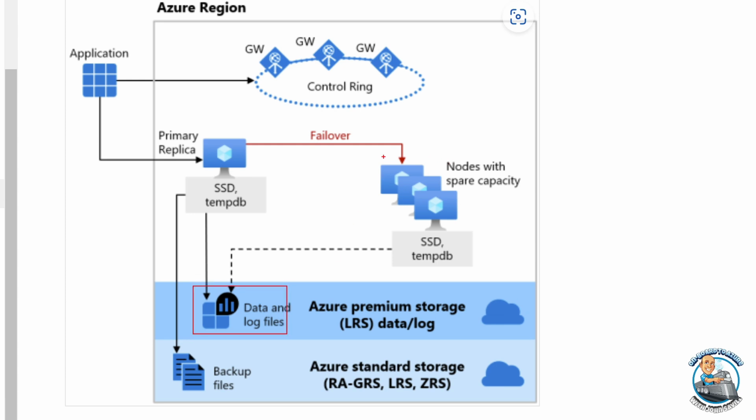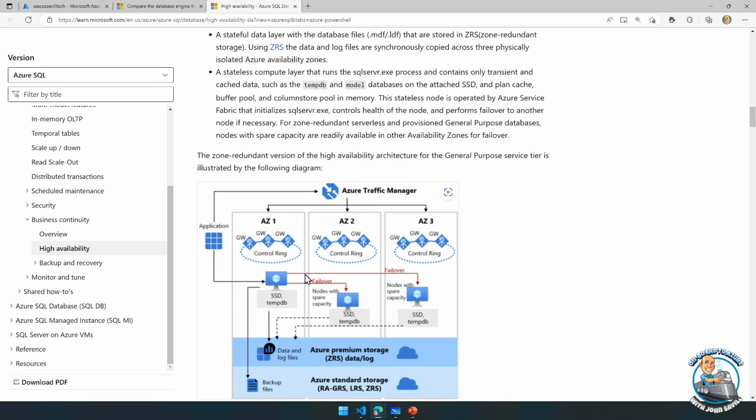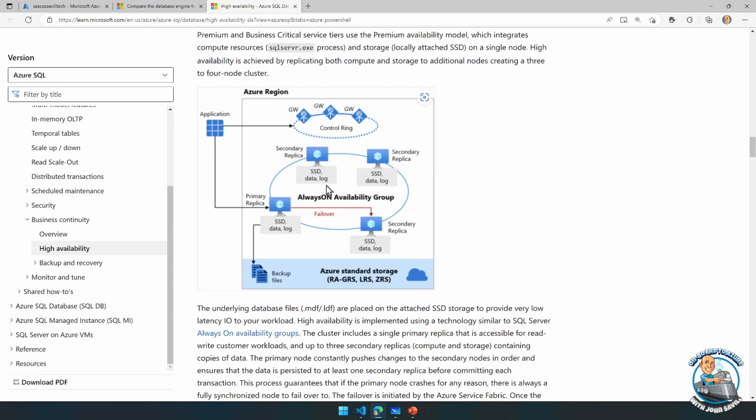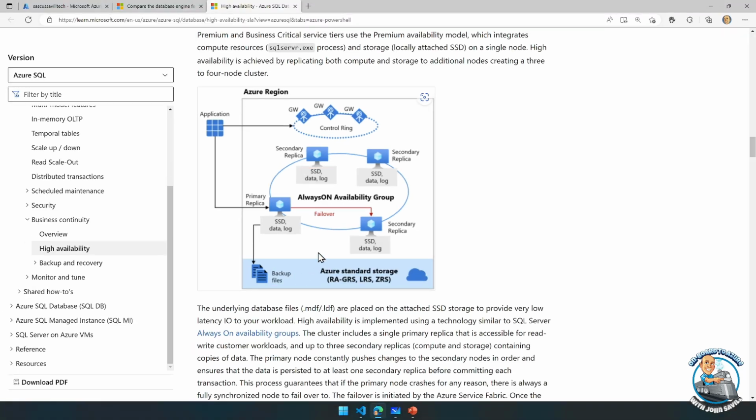And then there are some spare nodes, and again, there's that separate gateway ring. If I look at zone redundant, all those spares are in different zones. If I look at premium, it's not doing that anymore. I have the primary replica, and then those secondaries, with local data and local logs, but the backup still goes to some durable separate storage.